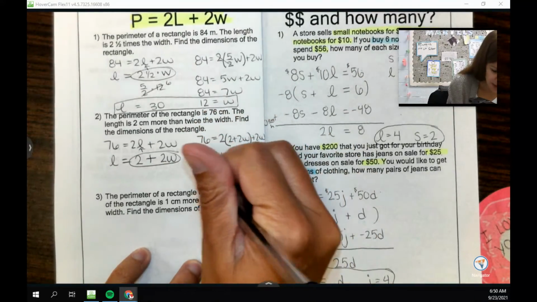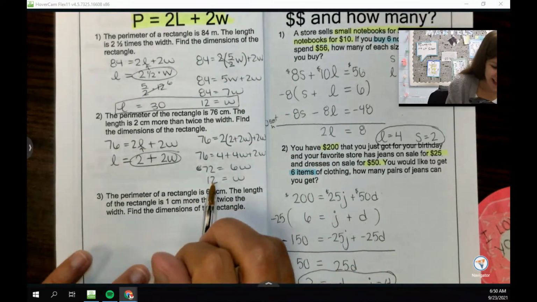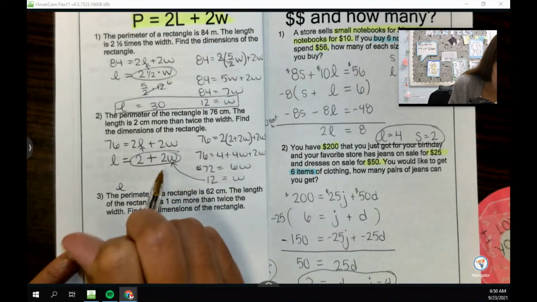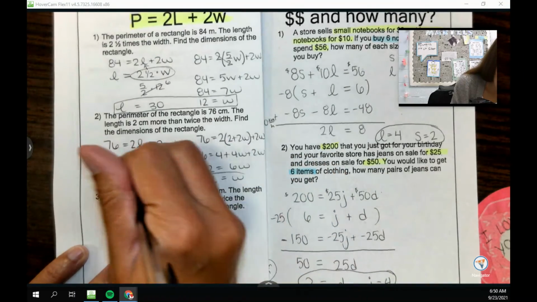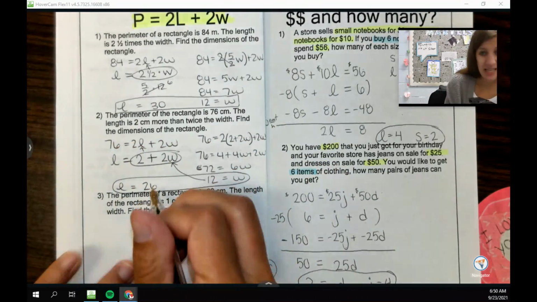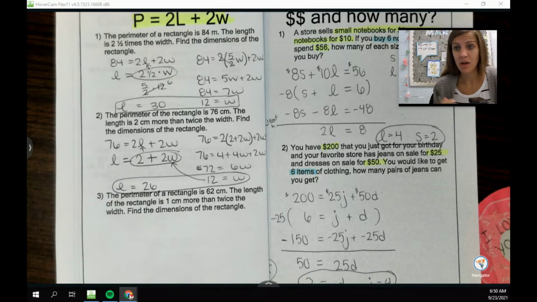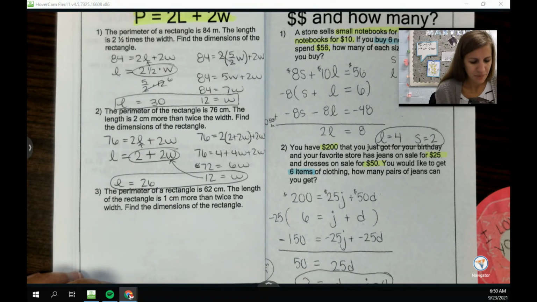And so W is 12 again. That's weird. That was not on purpose. And then I can find length by taking W, plug it in here. So twice that is 24, plus 2 more is 26. So that second number is usually pretty quick and easy to find. I don't need to write it out so much because I can just think about it.